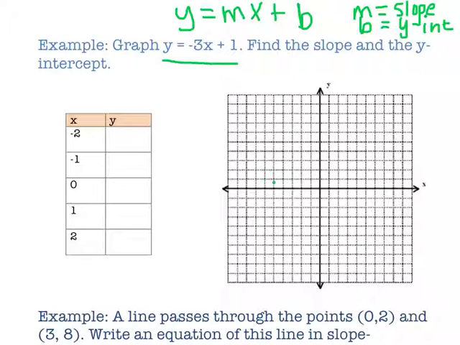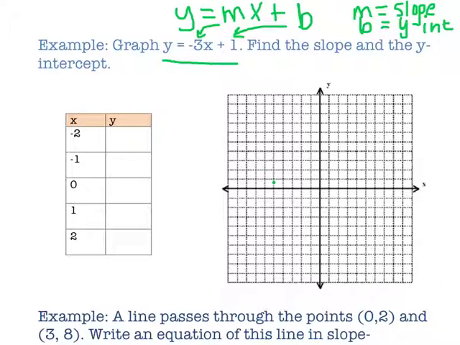So in this problem, y equals -3 times x plus 1, based on what we now know about slope-intercept form, -3 is the slope and 1 is the y-intercept.